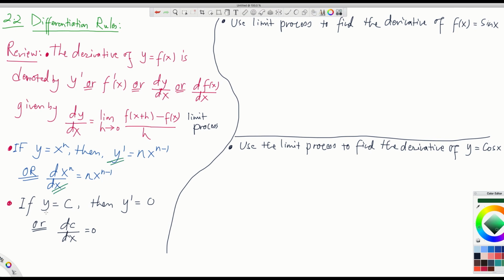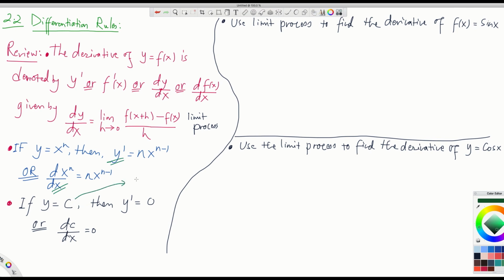Another thing is, if y equals a constant c, there is no x, just a number like 5 or 4, then the derivative is 0. Do you remember how we found the derivative of this?